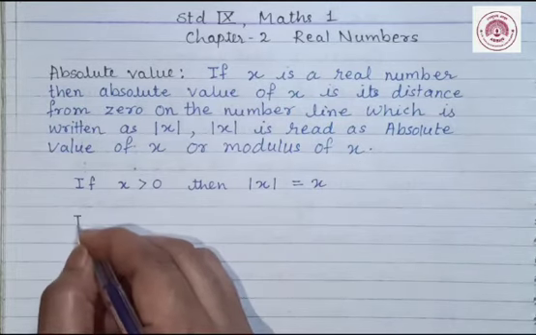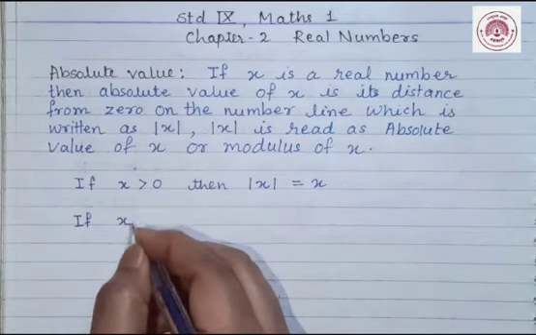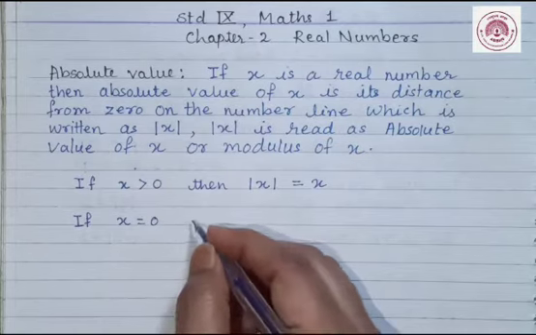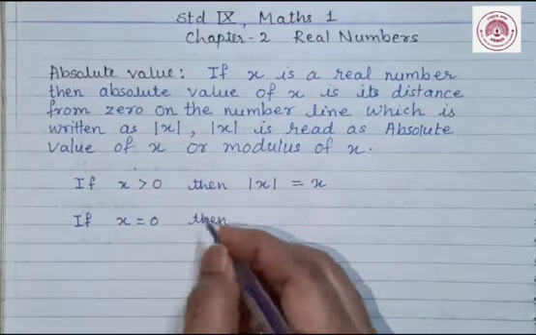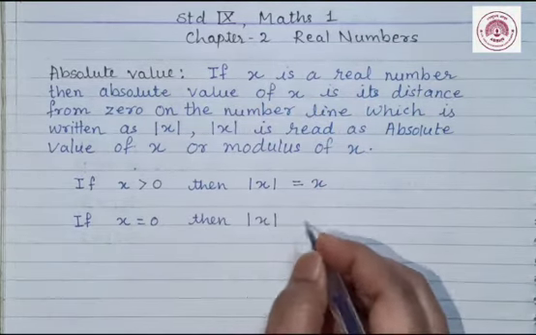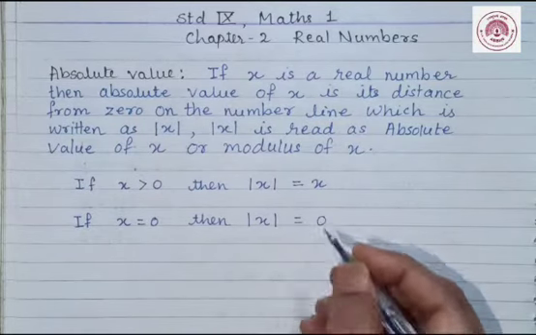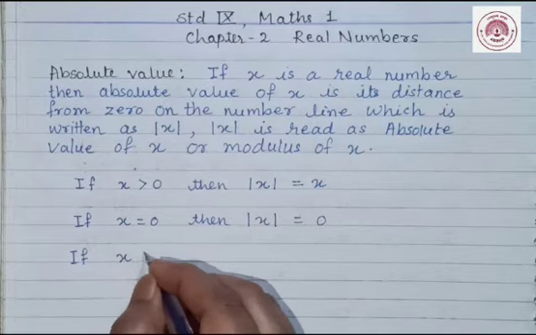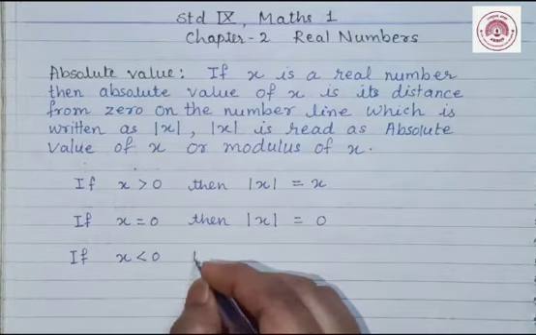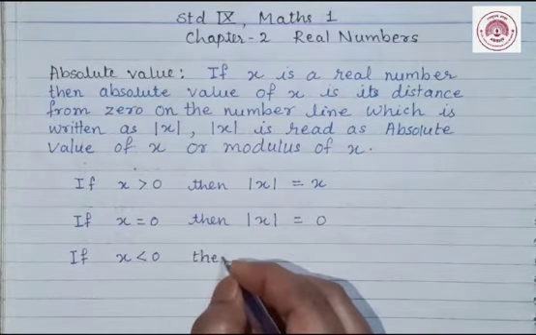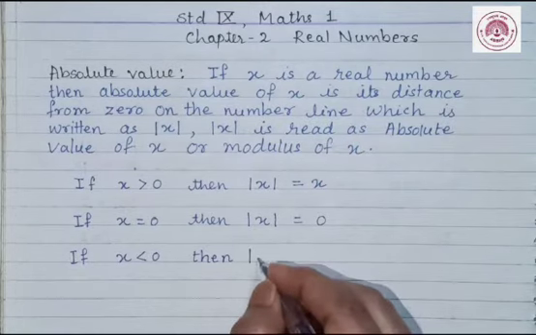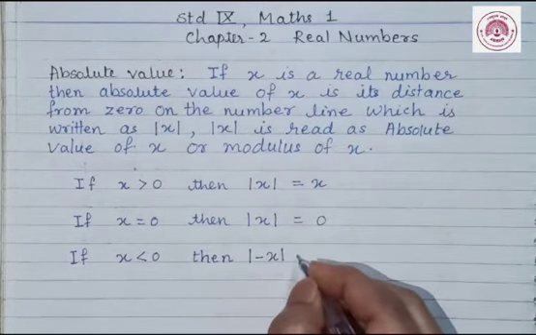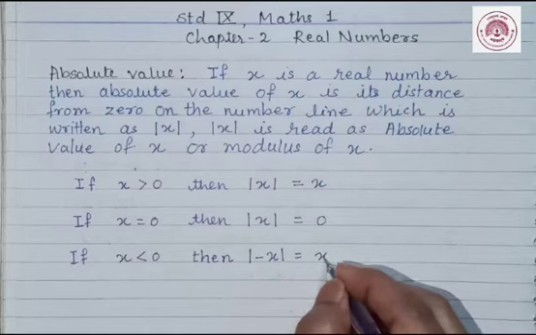Now if x is equal to 0, then modulus of x is equal to 0, and if x is less than 0, that is if x is a negative number, then modulus of x is equal to negative x.